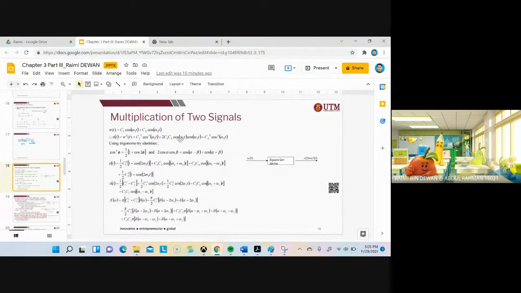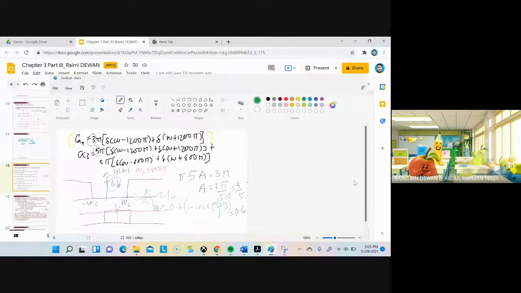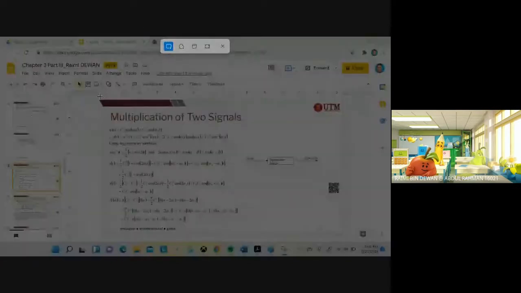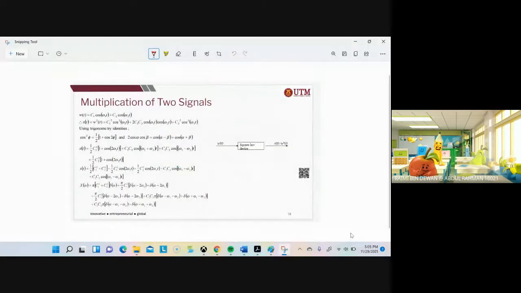So you need to square everything. I think you guys know, right? When you learned in your primary school, (a plus b) squared, what will you get?